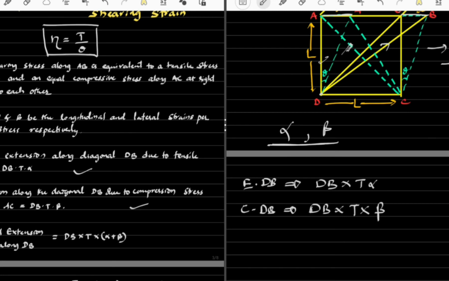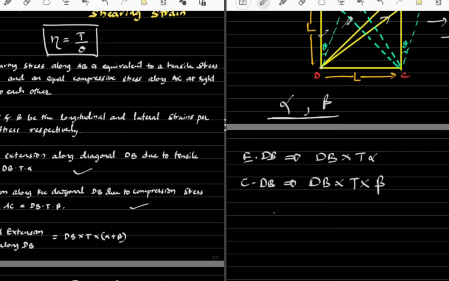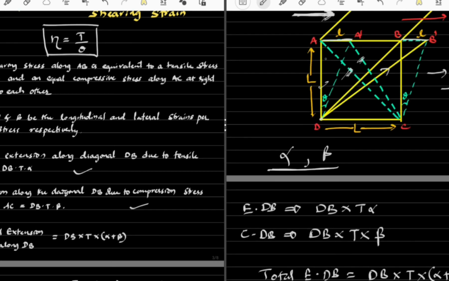So here this AC is there, after applying the force we will get the A dash C. So now what will happen in the body, total extension along the dB, that is equal to dB into tensile stress into alpha plus beta. Now the dB is a diagonal, so this is a right angle triangle.